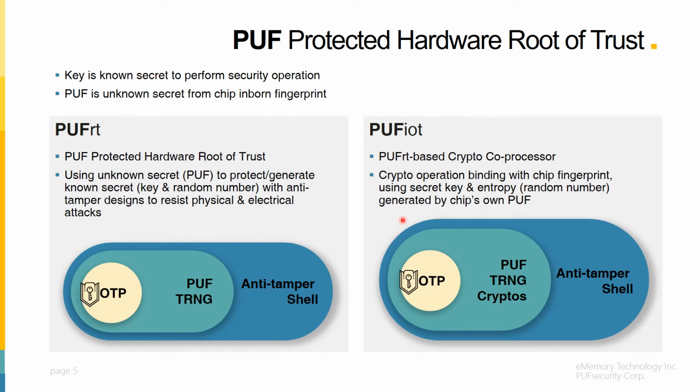In the diagram on the right, we have further added NIST-compliant cryptographic engines based on PUFiot to provide a security boundary for key storage and key management. It's a secure coprocessor to support trusted storage, secure PUF-based boundary, and secure operation. Currently, PUF Security has designed these two IPs to support security systems based on this protection concept. In today's talk, I will focus on PUFiot.